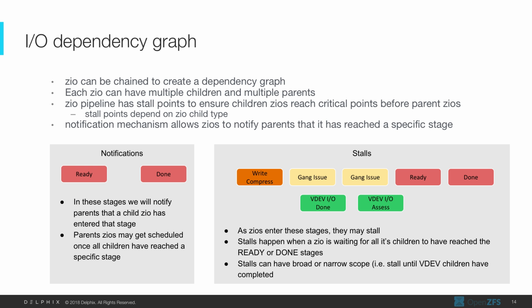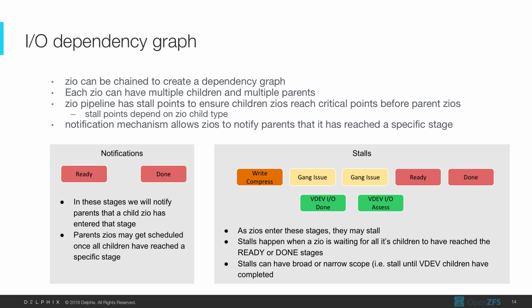So I mentioned the dependency graph, and it's actually a very powerful thing within the I/O pipeline. The idea here is that we can create these extremely large I/O chains and ensure that things go out to disk in an ordered fashion, and also have something like a container, like a root I/O, where we can get the error status and the completion status of a much larger set of I/Os.